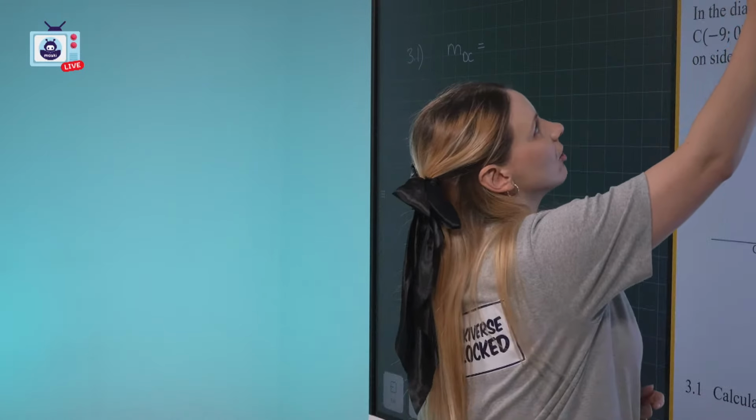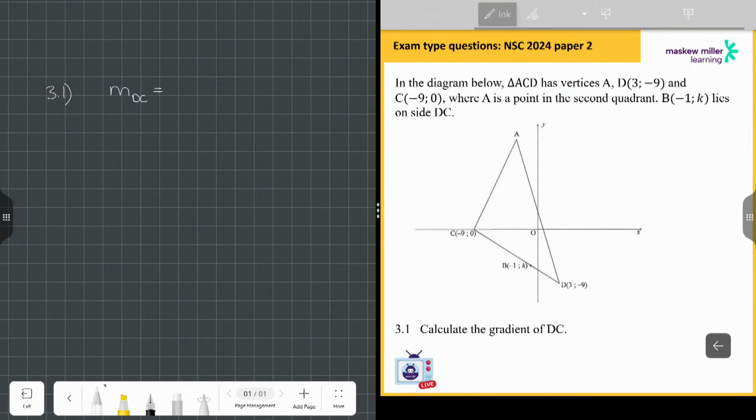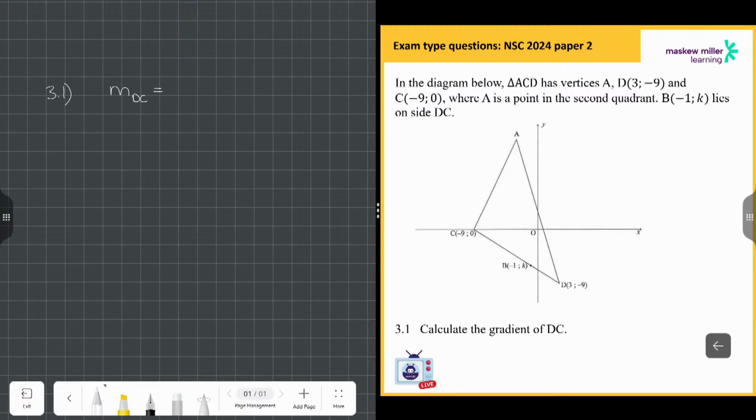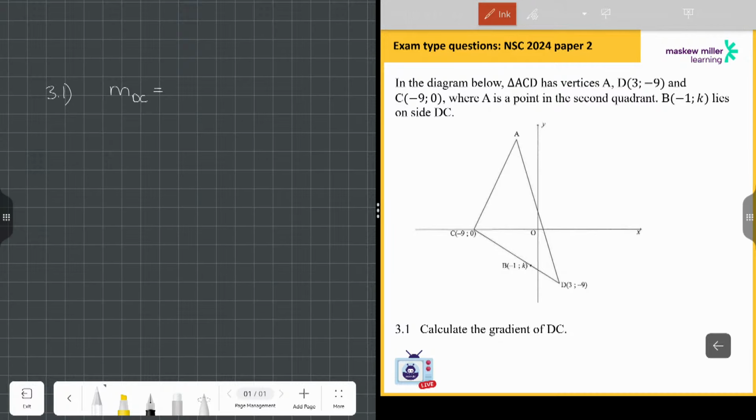What I'm going to do actually is going to make it easier. All right, so what I'm going to do is I'm going to write above D and C, x1, y1, x2, y2. So I'm telling myself this is my first coordinate point, and that's my second coordinate point.